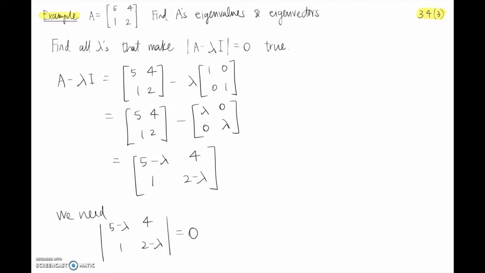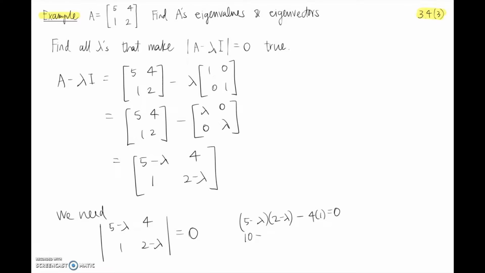Luckily, this is a 2 by 2 case, and finding the determinant isn't too awful. To find the determinant of this guy, I just need to take this times this minus this product here. And that's going to be 5 minus lambda times 2 minus lambda minus 4 times 1 equals 0. And I'll multiply this out.